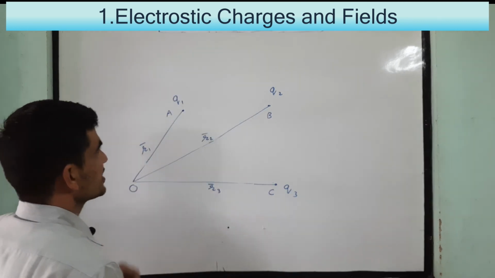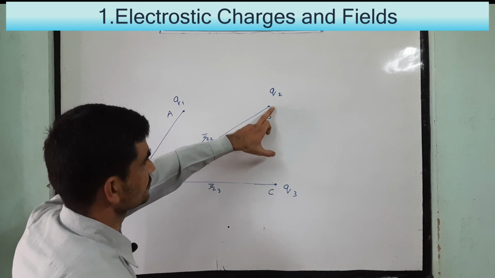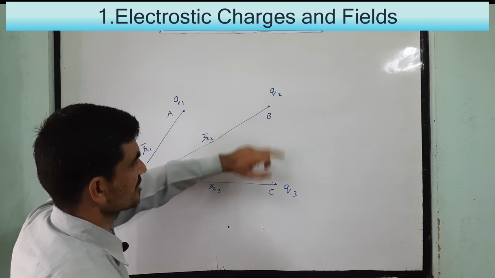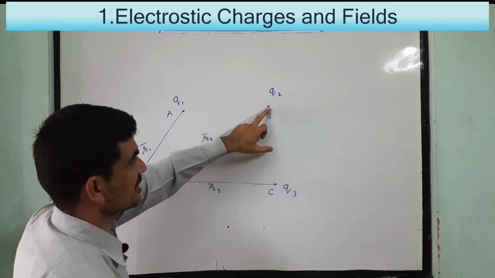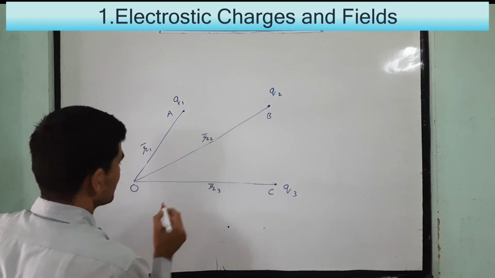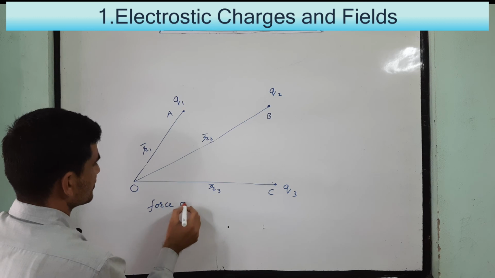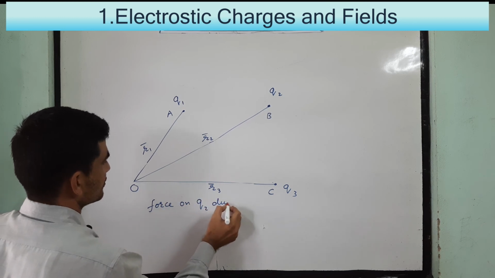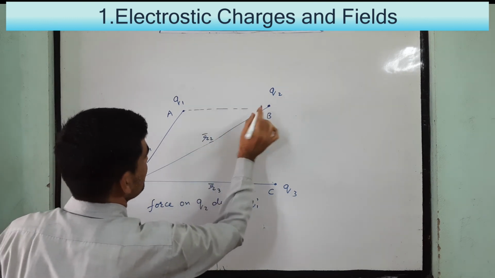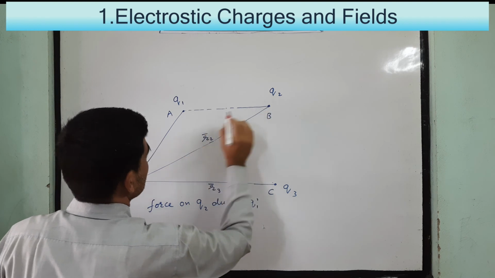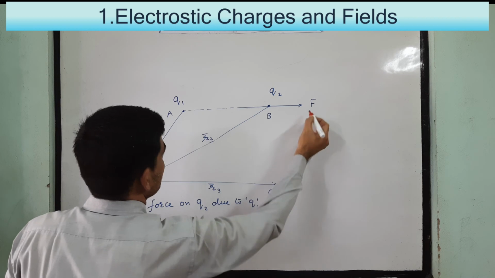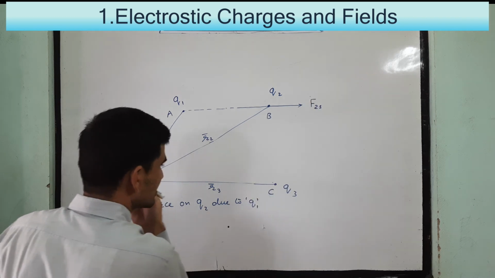Suppose we want to calculate the force on q2. So we have these two charges: q1 will either attract or repel q2, and similarly q3 will either attract or repel q2. The force on q2 due to q1: we find the distance between these two, and when we represent it as a vector, this is the force, named F21.